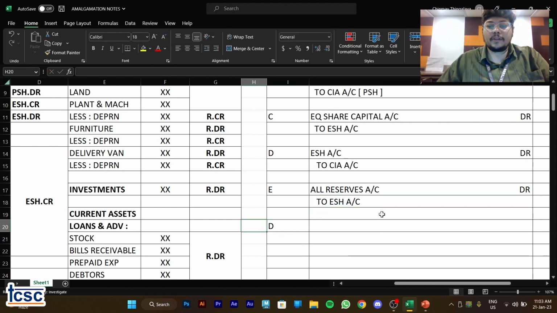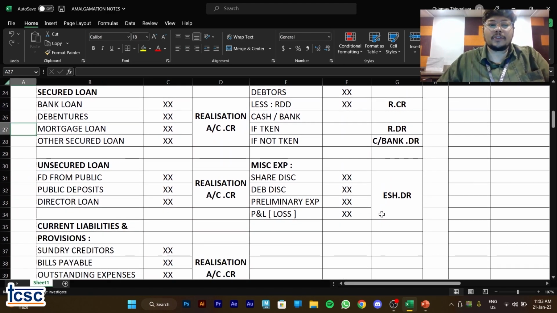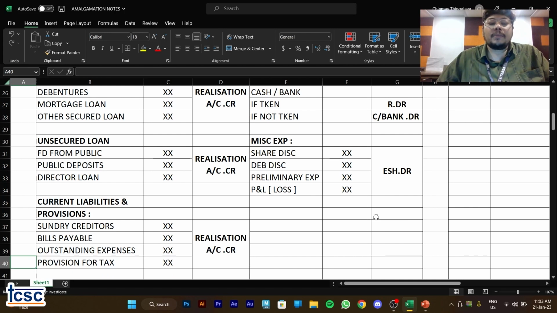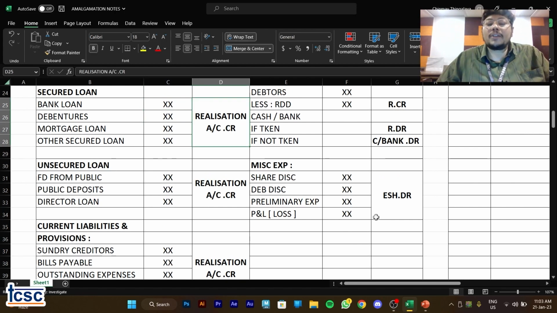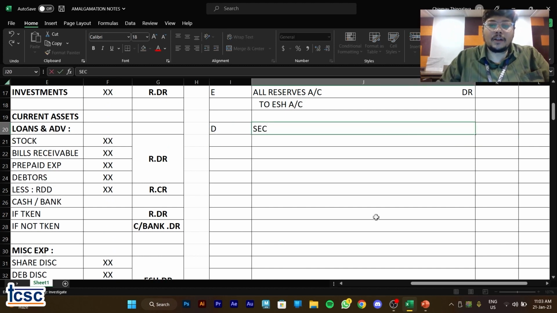Next, we are having secured loan, unsecured loan, and current liability. There are various examples of secured loan given: bank loan, debentures, mortgage loan, other secured loan, FD from public deposit, director's loan, sundry creditors, bills payable, outstanding expense, and provision for tax. So all these items will be transferred to realization account credit. Here we will have a consolidated entry: secured loan account debit, but in the exam we are supposed to write individual items, whatever items are given in the problem.